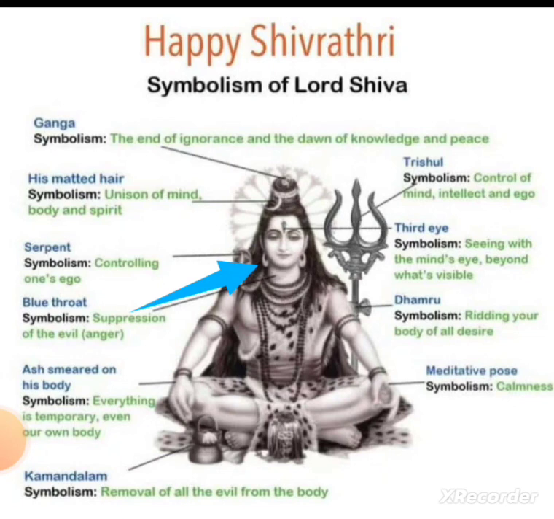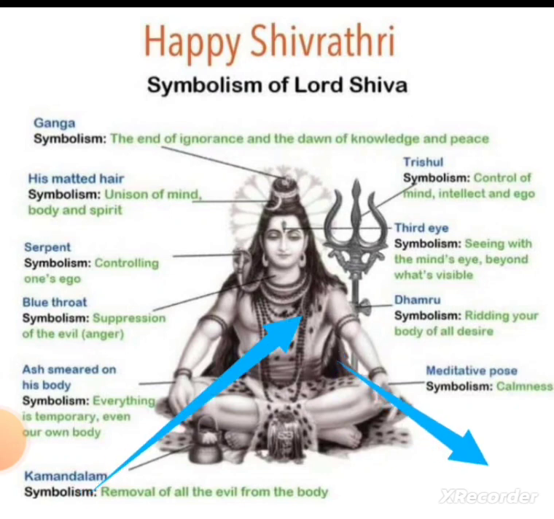So let me slowly come towards the ash part. The whole body of Lord Shiva is with ash, right? Ash means bhasma lepana. His body is decorated with bhasma, not Fair and Lovely creams or something.